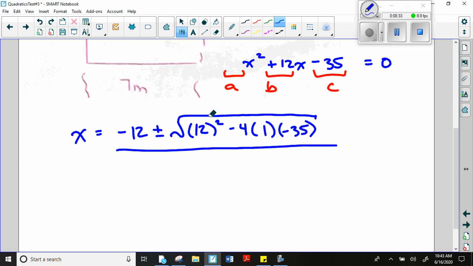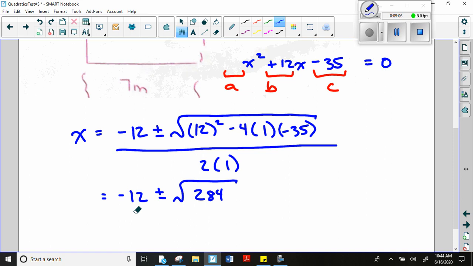You can still make a lot of mistakes, as is evident by yours truly. Okay, stop talking during this stuff because this is where I screw up. 144 plus 140. Yep, that makes sense. Okay, that's just under the square root sign though.